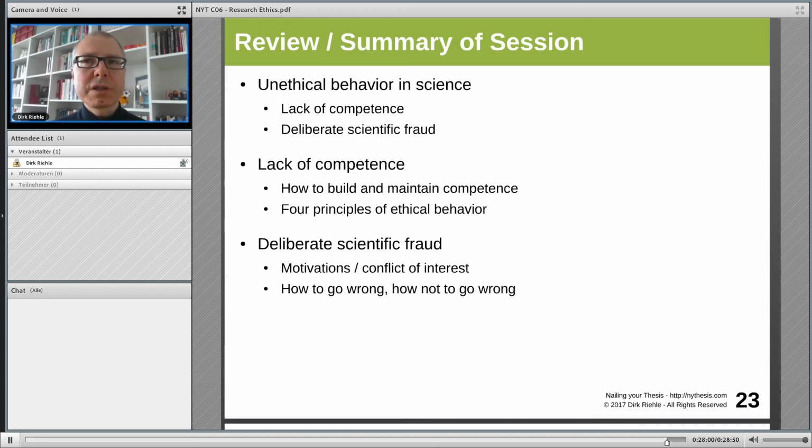We discussed four principles of ethical behavior, with perhaps the most important one being informed consent of anyone who participates. And we also looked at deliberate scientific fraud, how it's motivated, how researchers may be led to it, but also how not to do it, and rather perform best-practice-based research and stay at the state of the art.